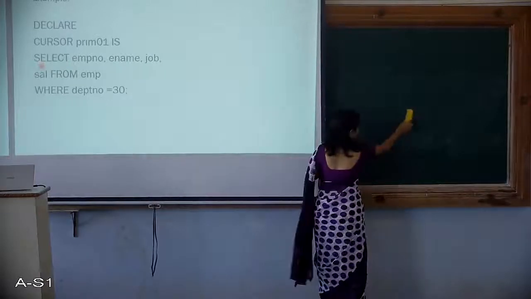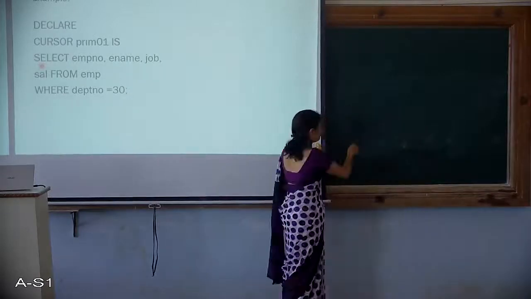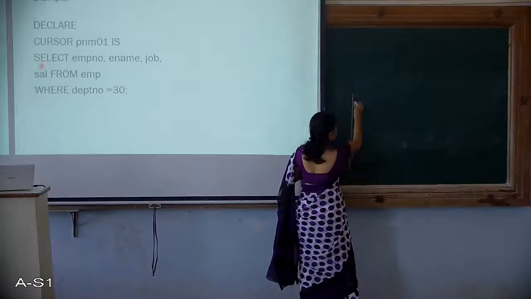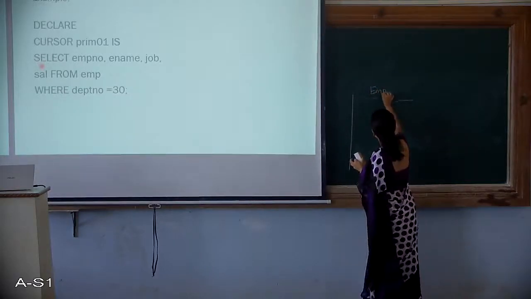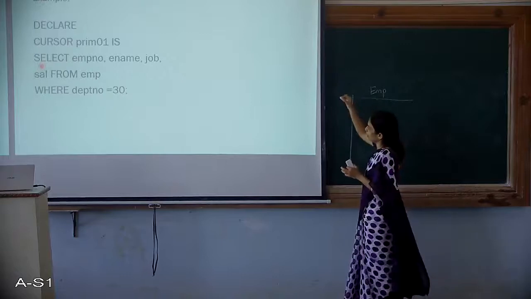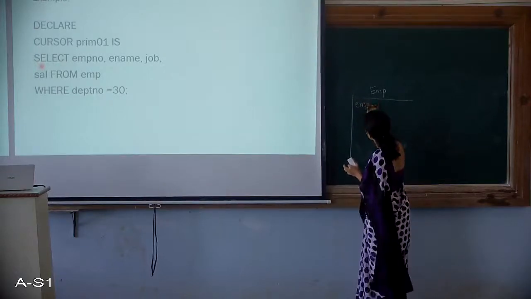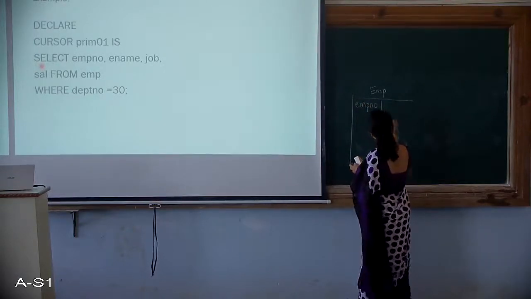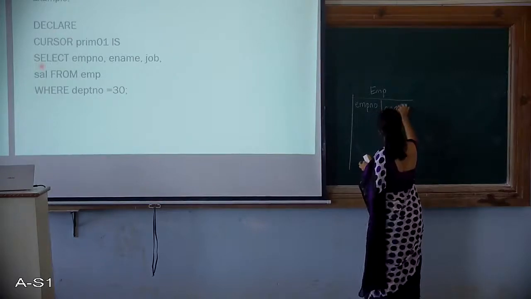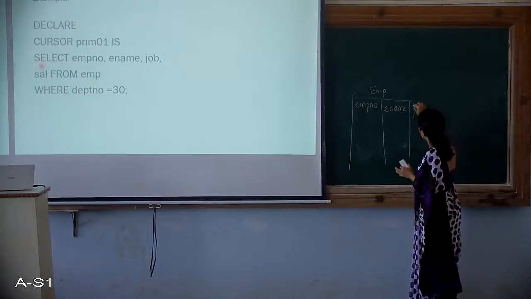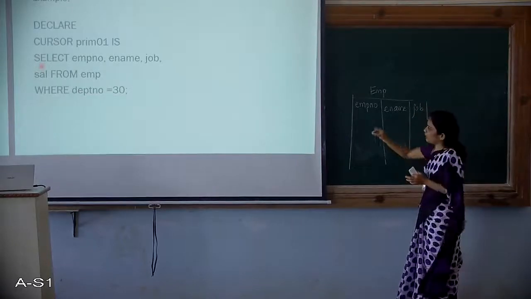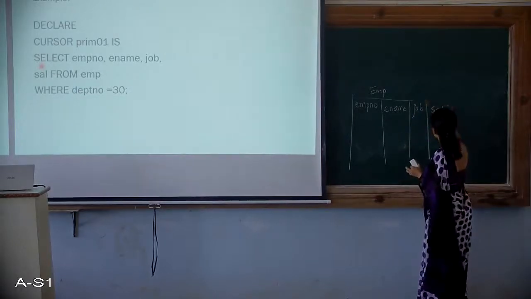So let's understand how it is happening, or what is the concept that I am talking about. Assume that this is my EMP table. So what all things are being extracted? It is EMP number, EMP name, then job, okay, and then salary.